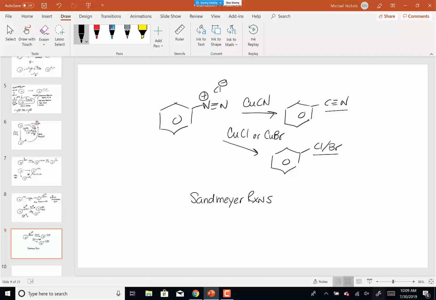So at this point, we've built up a pretty big collection of reactions to add to the benzene ring. That's a page of reactions. We're just starting with benzene.